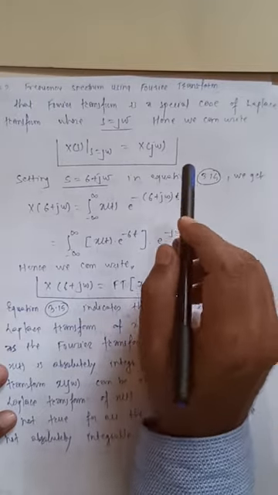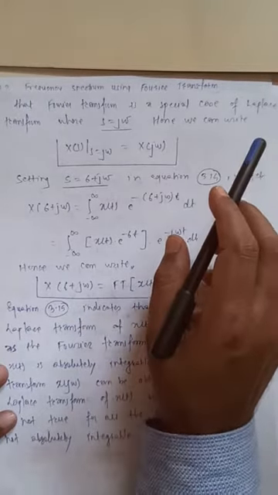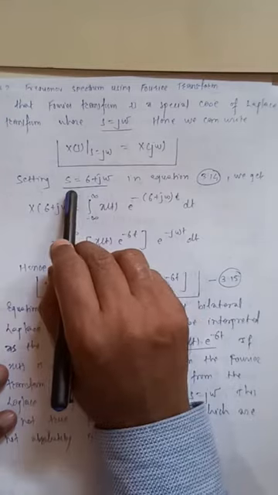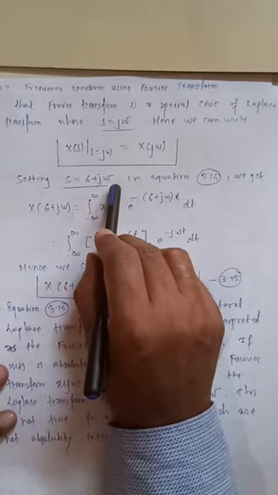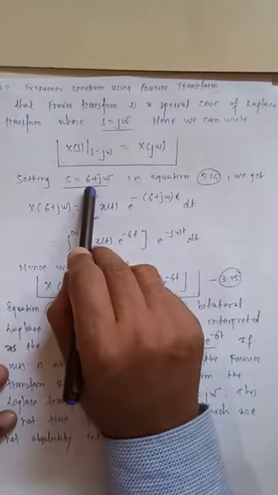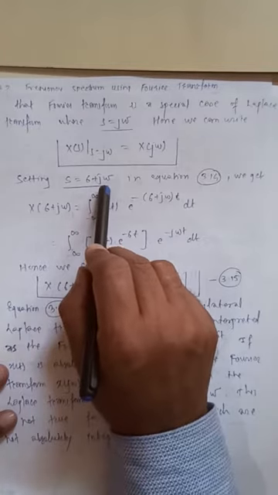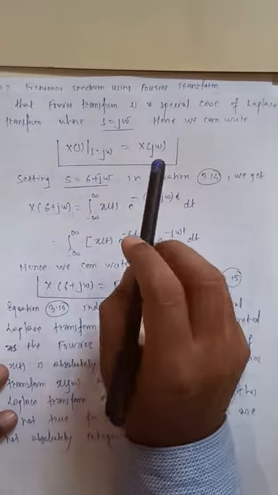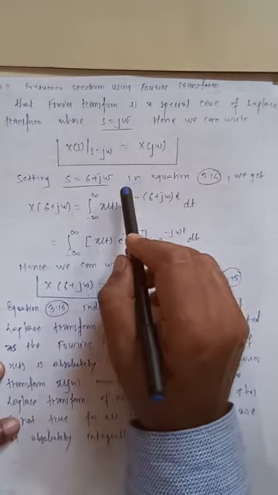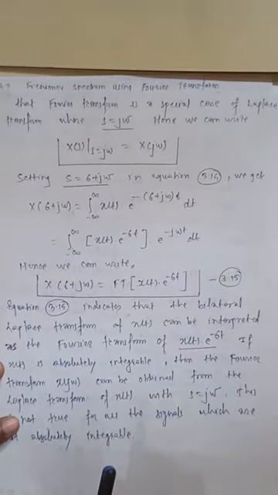As I have stated just now, s is a complex quantity. s is represented by sigma plus j omega, where sigma is the real part and j omega is the imaginary part of s.